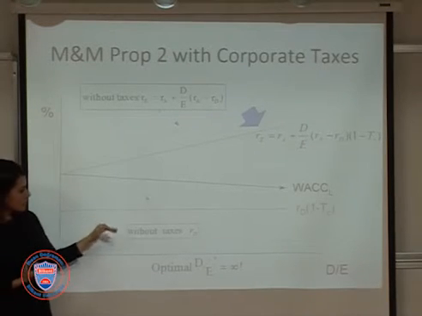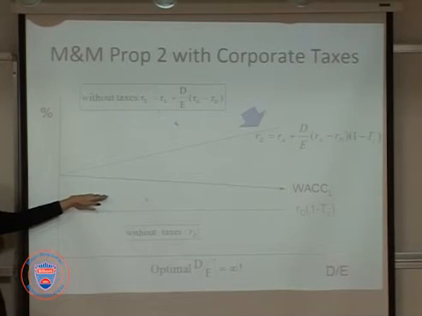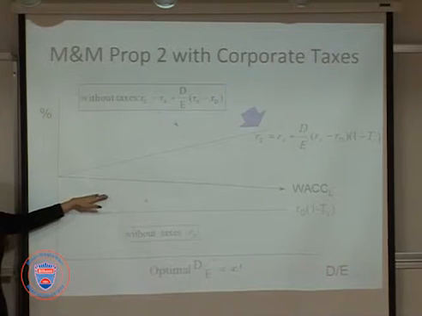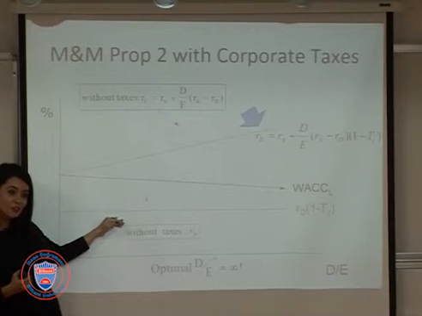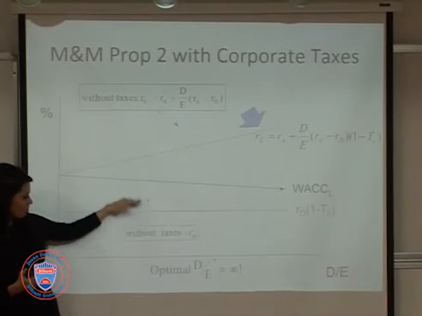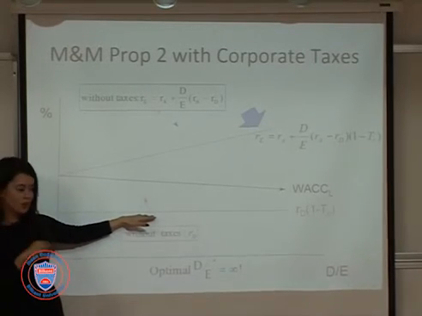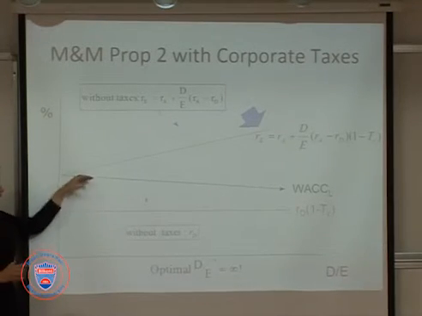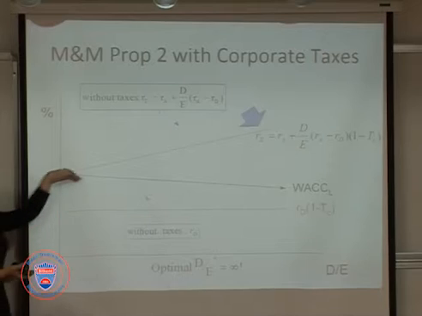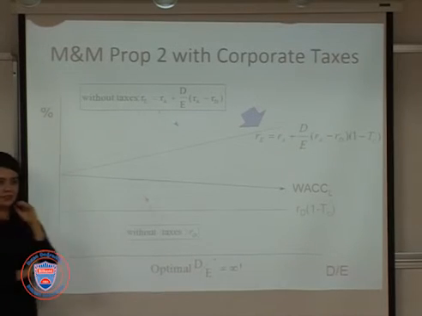Cost of debt is still lower than cost of equity, but now because of tax, after-tax cost of debt will be lower than cost of debt. Therefore it moved down.